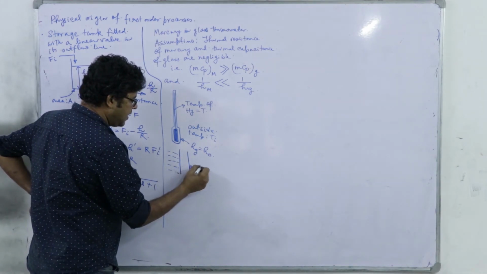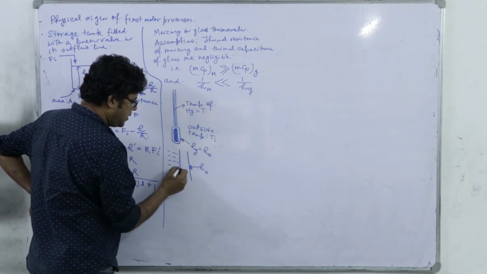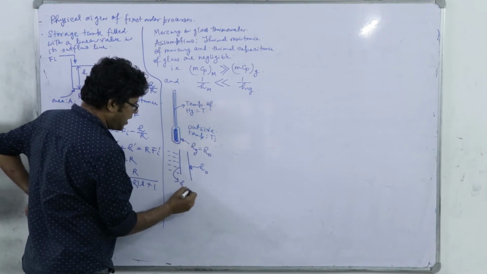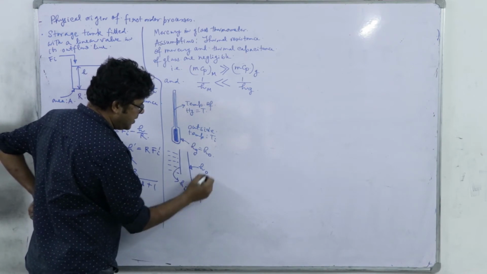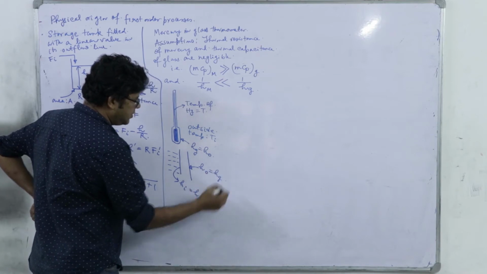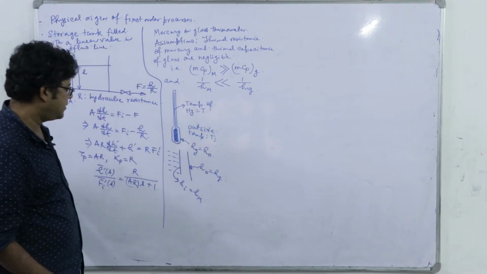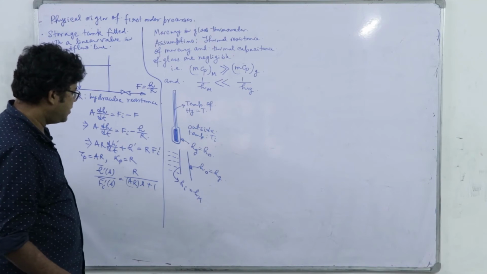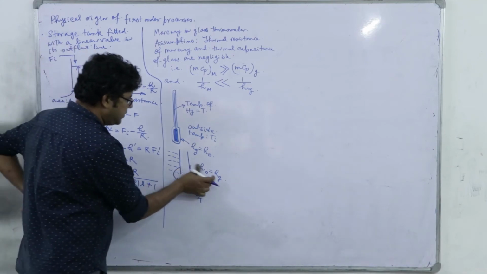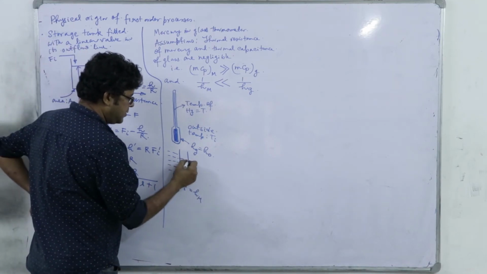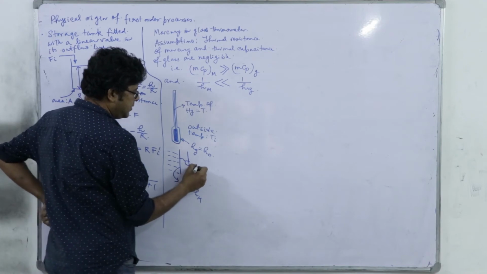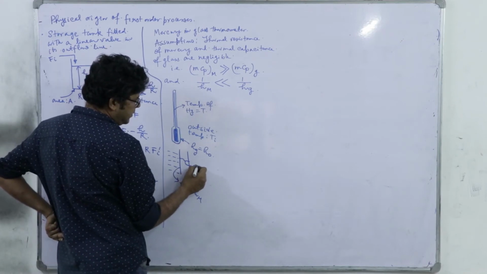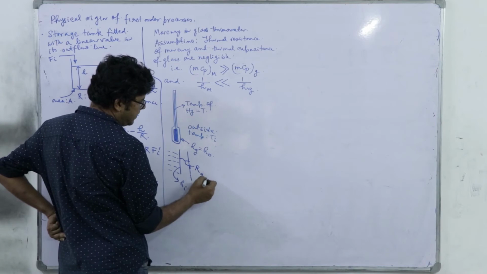Here we have Ho and here we have Hi, so Hi is equal to Hm and Ho is equal to Hg. Here this is the resistance of glass.